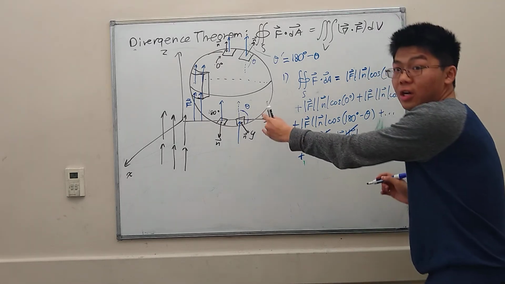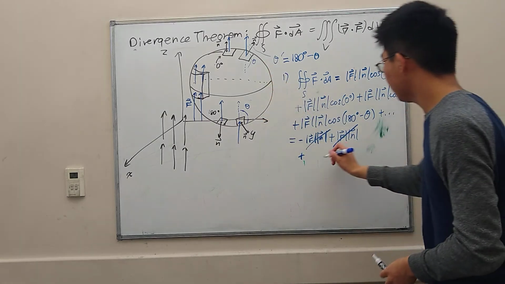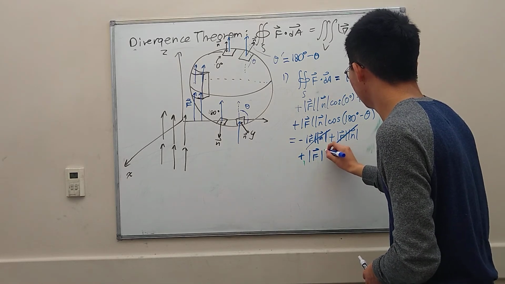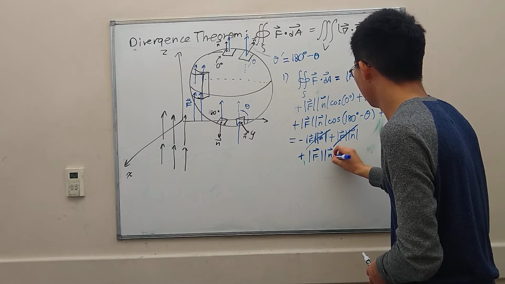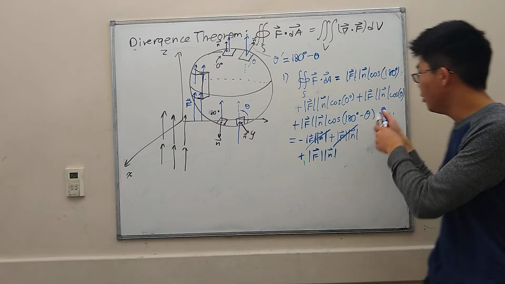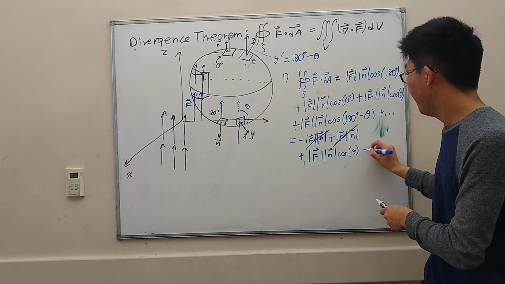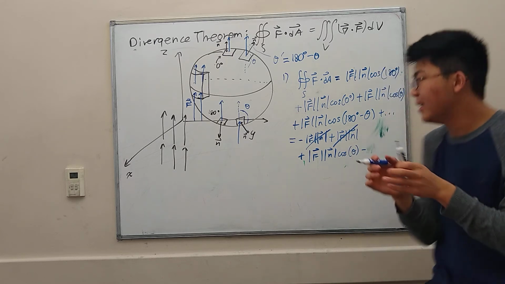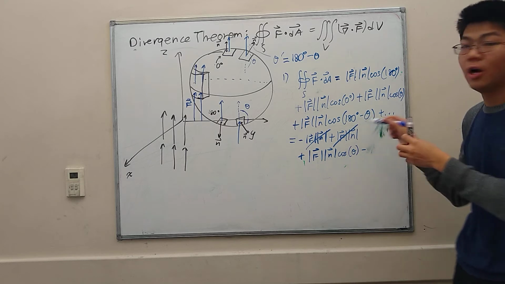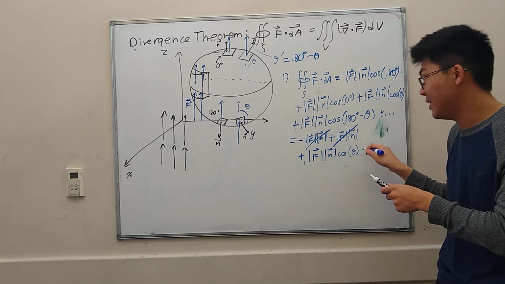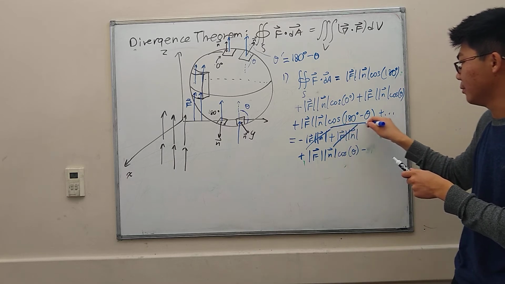Next, I move on to the third and the fourth ones here. So, here's our cosine of n. But one of the properties of cosine is if you do the cosine of its complementary angle, it also generates a minus sign right here.